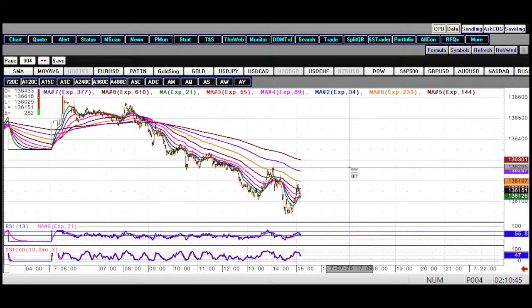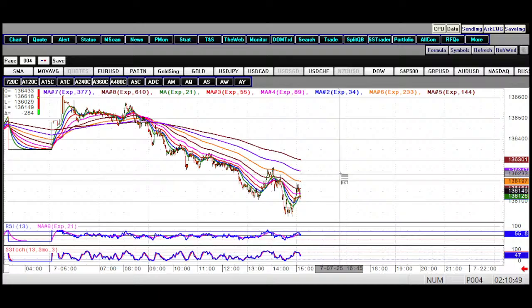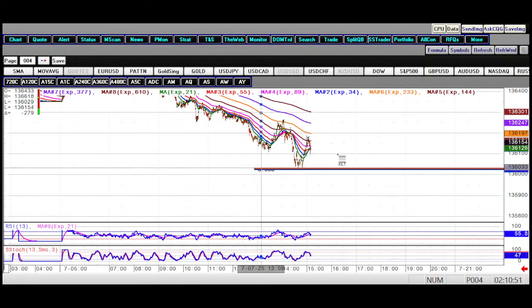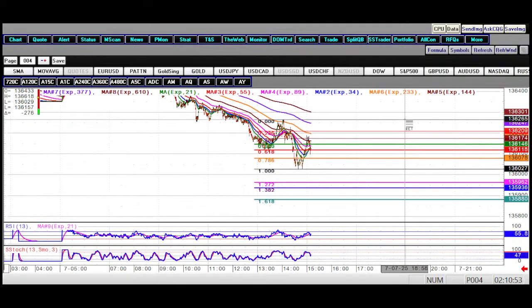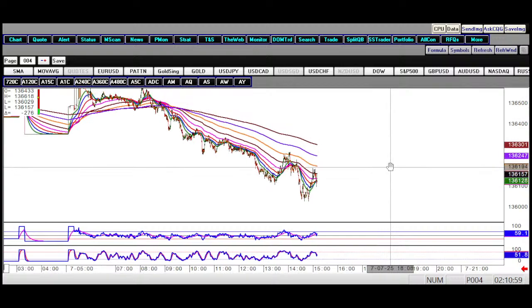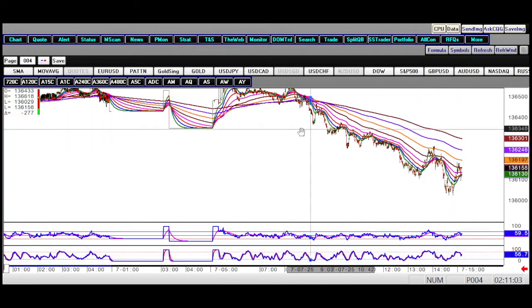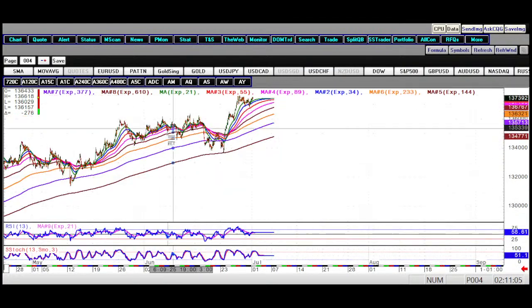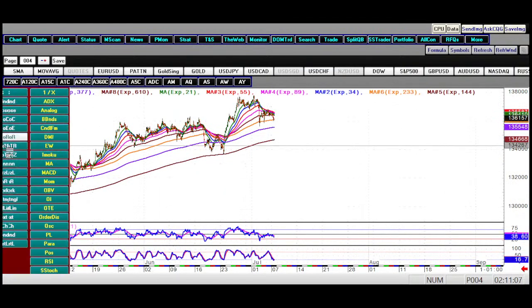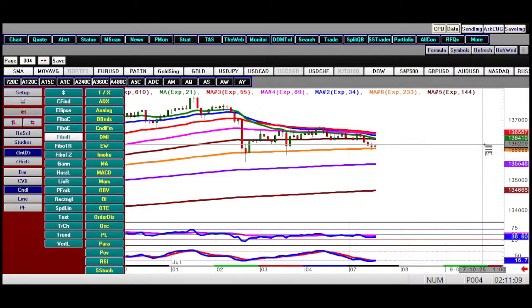We'll try to go for a sell at 25, then TP at 35.90, and the stop has to be at 40.